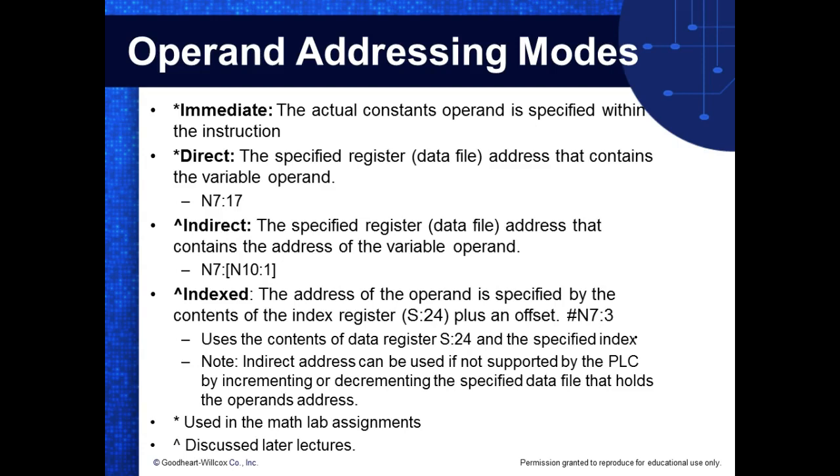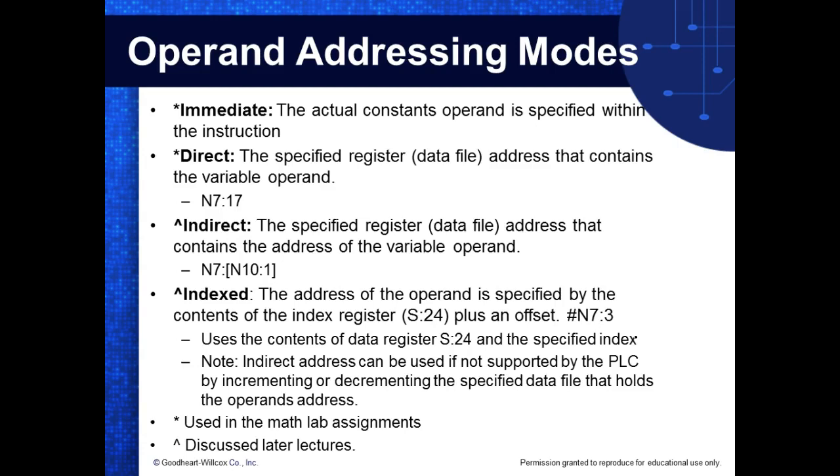This is the way you specify inside your instruction: if you want to specify indirect address, you put it inside what? Brackets. If you want to specify indexed address, you start it with what? With a number sign. Yeah, hold on, let's get through this slide.